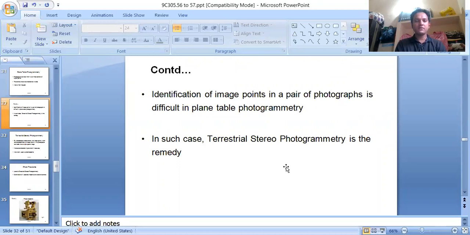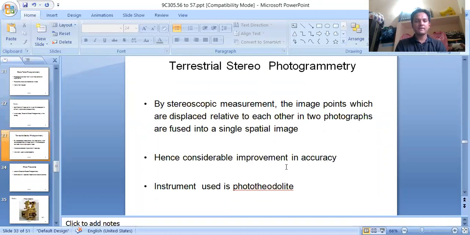In terrestrial stereo photogrammetry, the image points which are displayed relative to each other in two photographs are fused to a single spatial image. Hence, considerable improvement in accuracy. The instrument used is a phototheodolite.